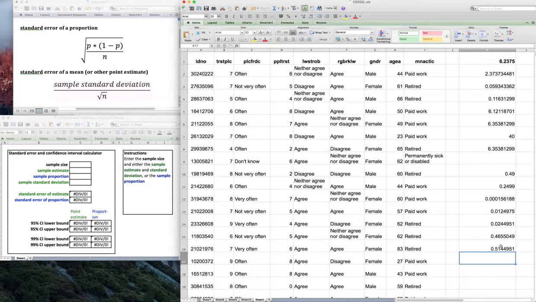And the range between these two values is our 95% confidence interval for the population proportion of people who are in paid work in the target population, which is the adult population of Great Britain in the year the ESS 5 was fielded, which was from memory 2012.